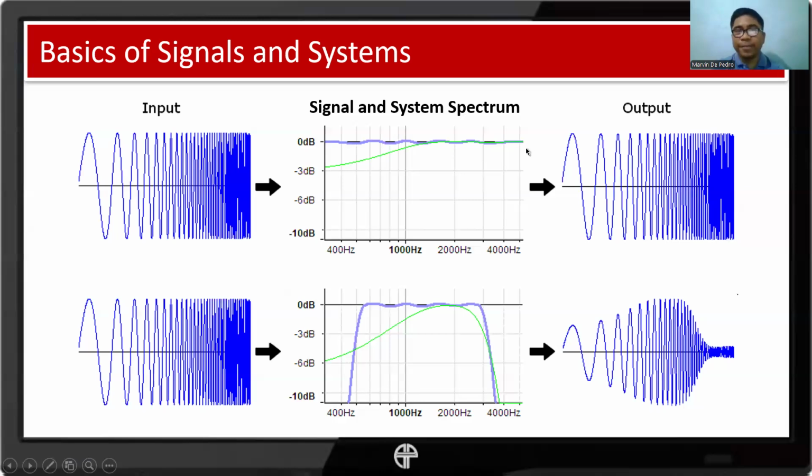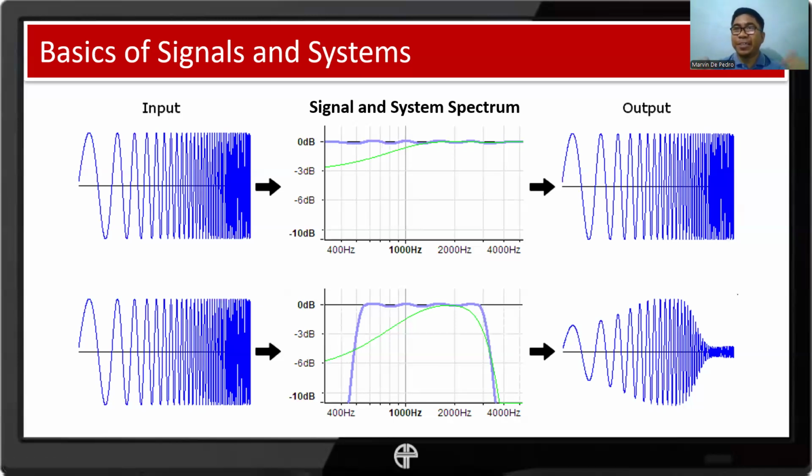If you observe, all portions of the green spectrum, meaning the signal spectrum, fit within the system spectrum. Meaning it does not exceed, it does not go beyond the blue part. If you have noticed, the input is somewhat the same as the output, meaning nothing much has changed.